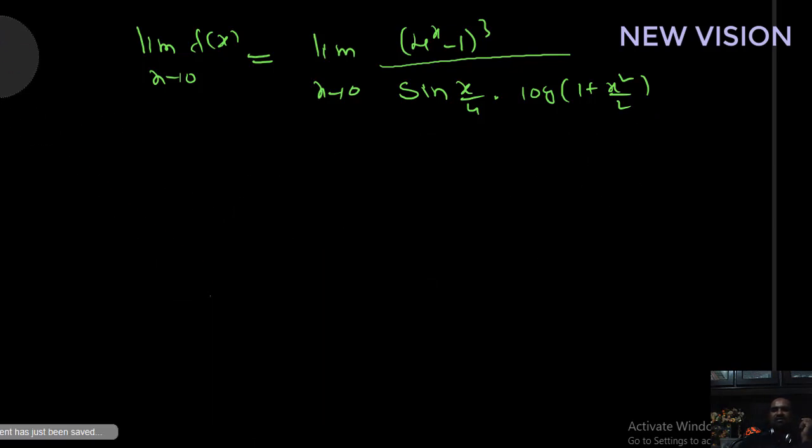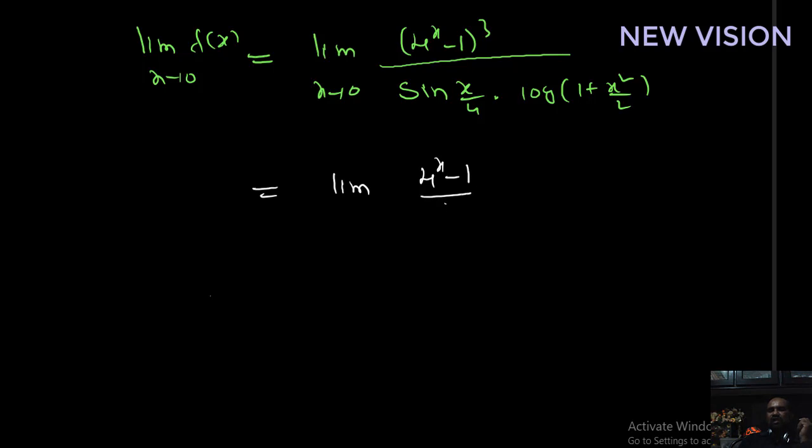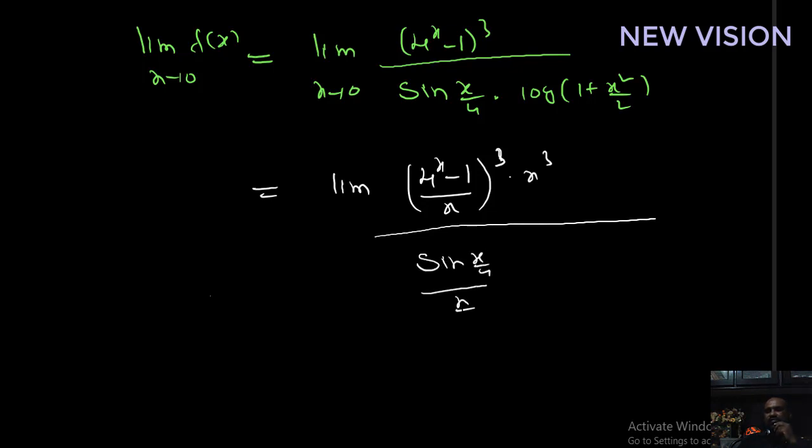Okay, listen students, it is equal to the limiting value of ((4 power x minus 1) by x) whole cube into x cube, divided by sin(x by 4) by (x by 4) into x by 4, into logarithm of 1 plus x square by 2 by (x square by 2) into x square by 2.